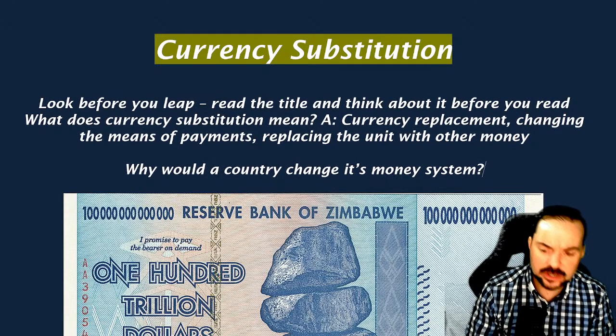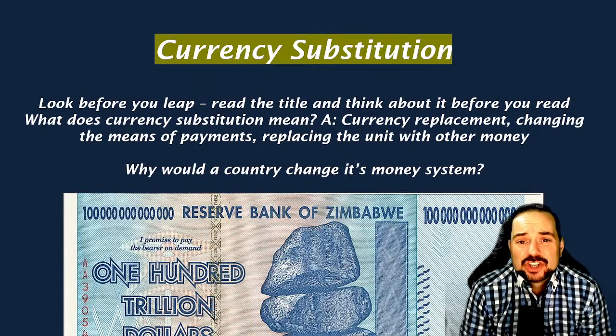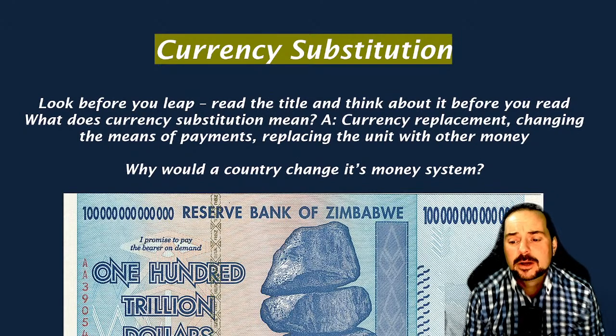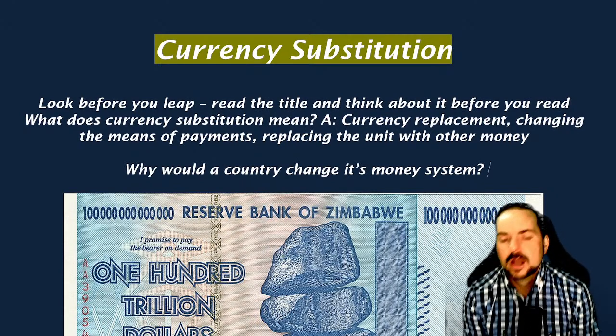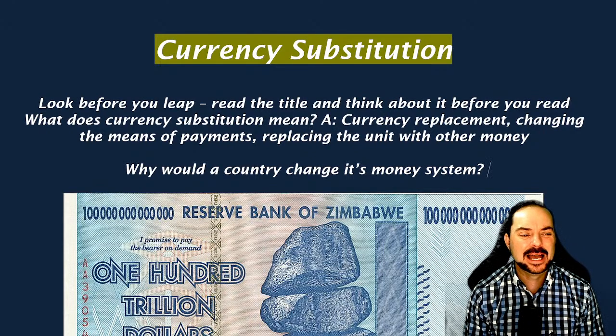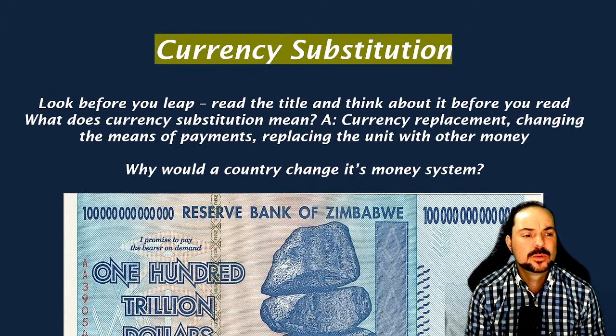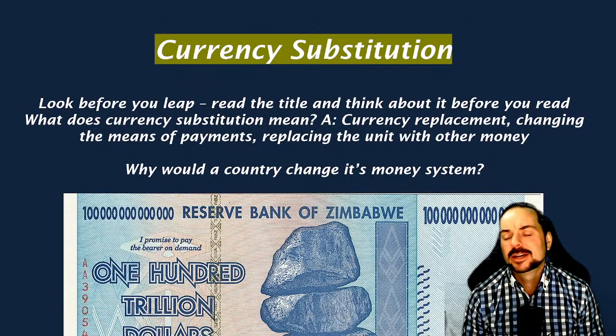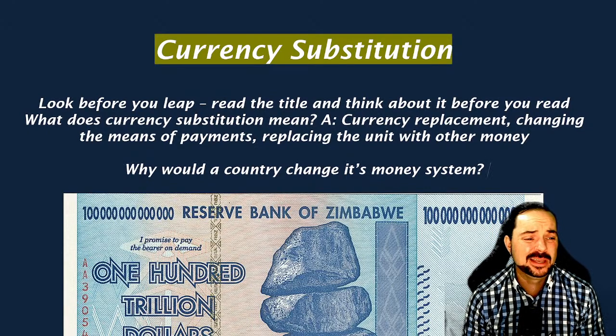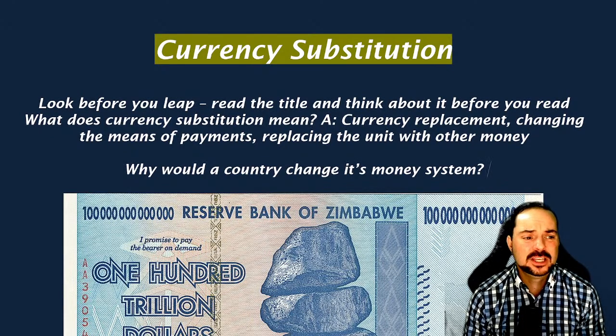So if you realize that currency substitution means changing the system of payment or the money that they use in some way, why? Like why would I suddenly make $1 into $1 trillion, or make $1 into a rupee, or a rupee into a shilling, or a shilling into an EU dollar?